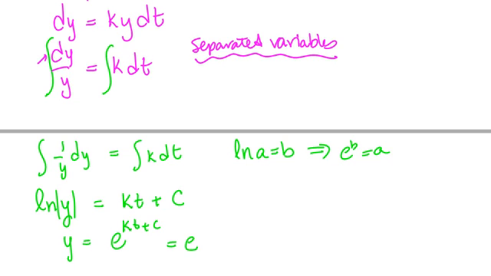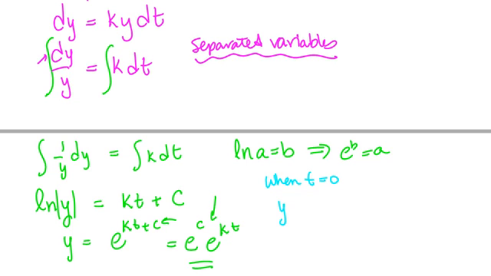Now I'm going to do one more trick, which is to separate out the c. If you imagine multiplying these two, you'd have to add the exponents, which would give you back to this. So I'm going to write it this way and then say what happens when t equals 0.